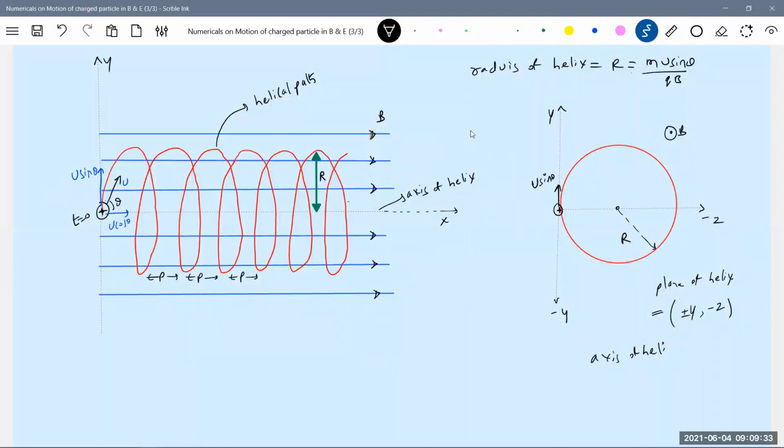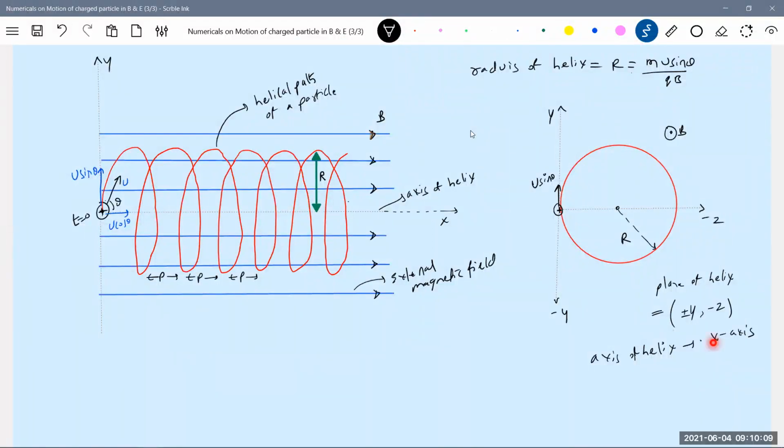This is similar to a spring, like a coil. This is the helical path of a charged particle, with the external uniform magnetic field applied. The axis of the helix will be the x-axis only, because from there I projected; the axis of the helix is here, the x-axis.